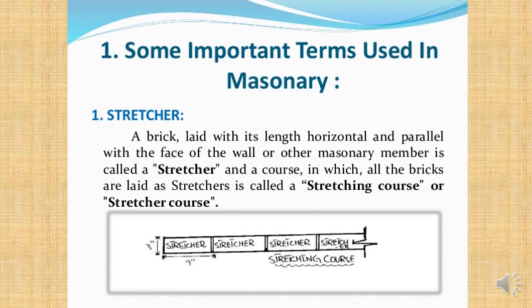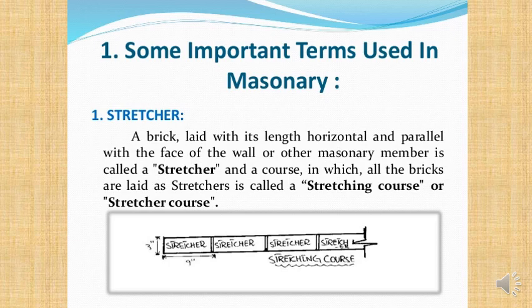Now, when you arrange all of the blocks in a horizontal line, that is called a course. So if you were going to build a wall that is 3 heights of a block high, and they're arranged in 3 horizontal lines, that is a 3-course high wall.